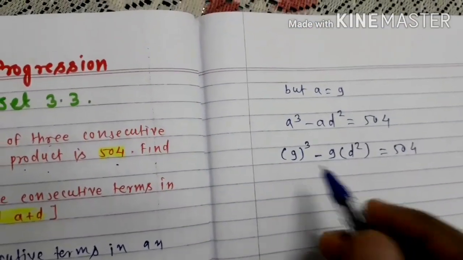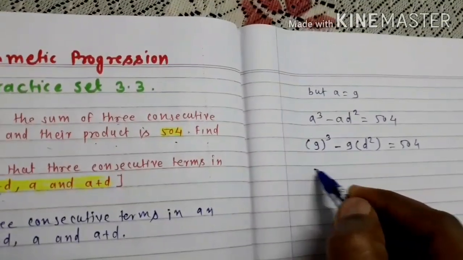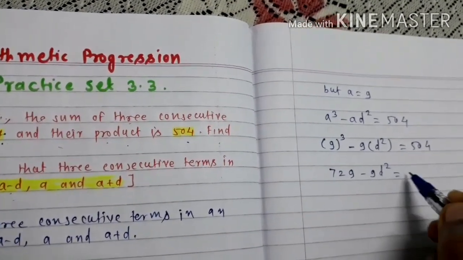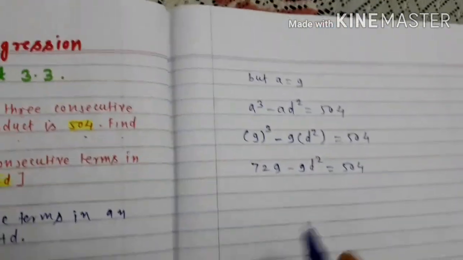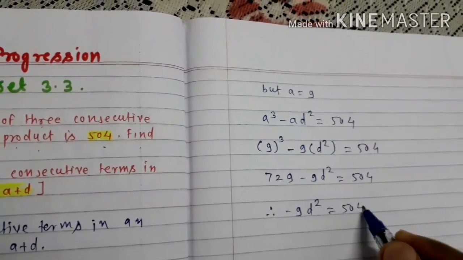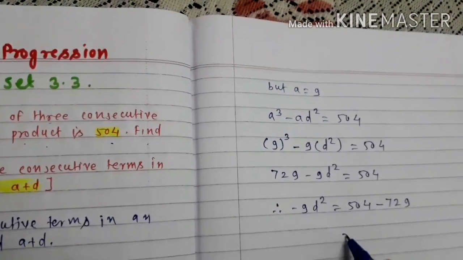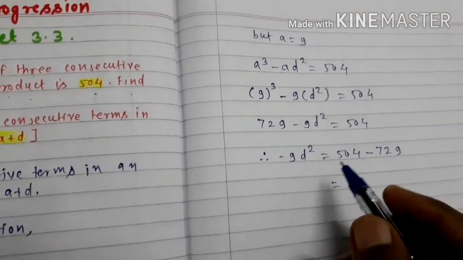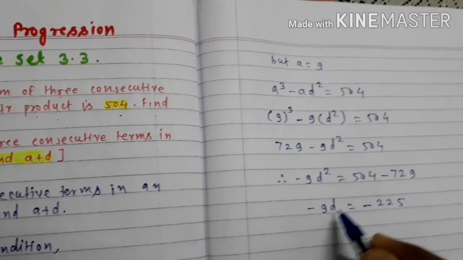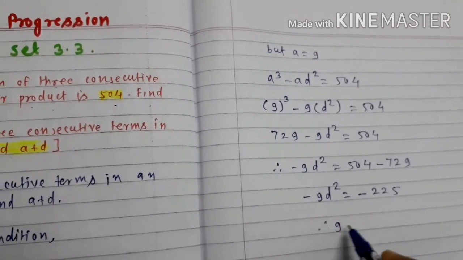So 9 cube is 729 minus 9 d square is equal to 504. Therefore minus 9 d square is equal to 504 minus 729, which is equal to minus 225.